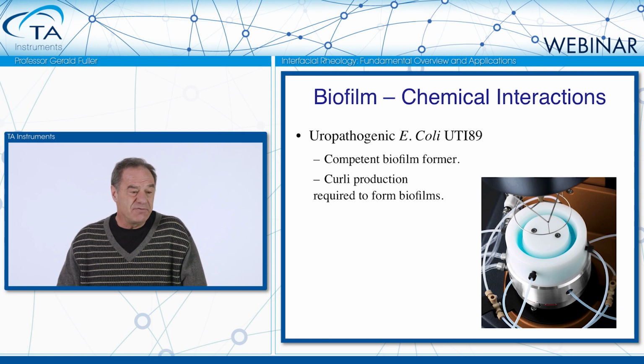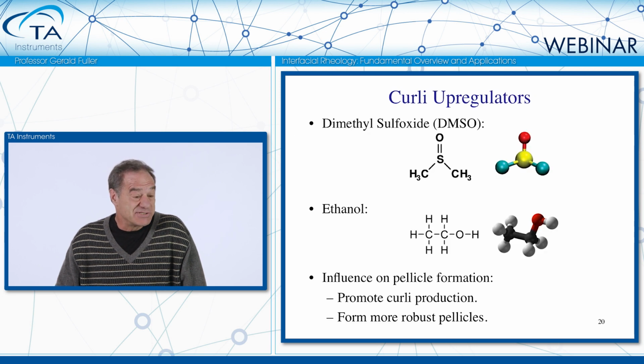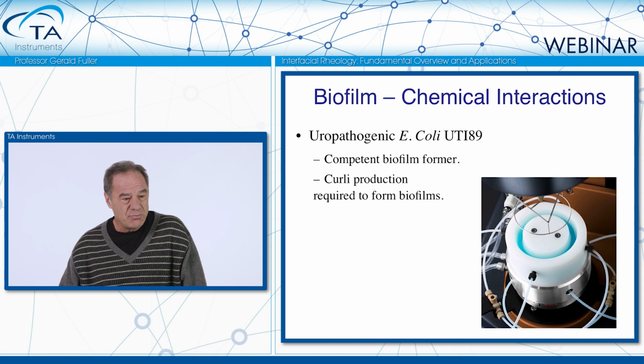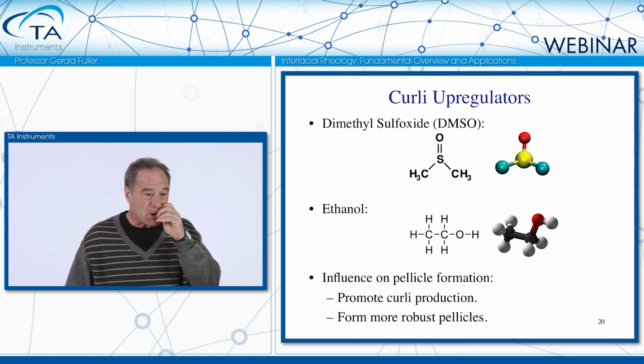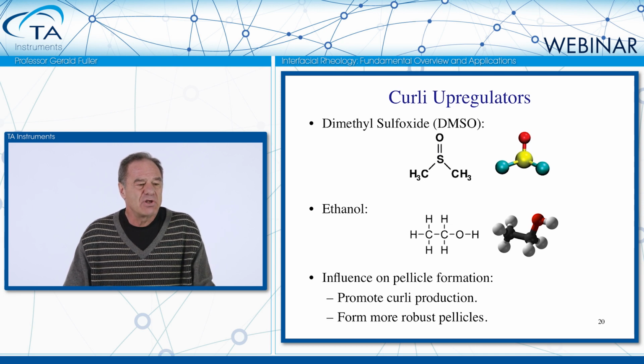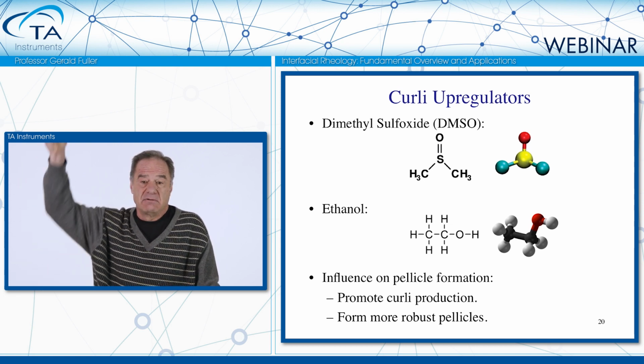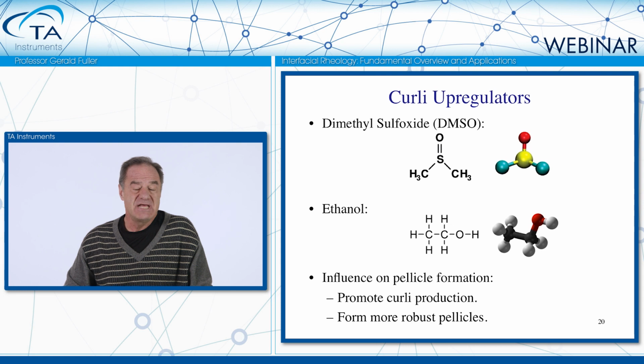We looked at a different bacteria, an E. coli. It's uropathogenic, so it'll make you sick. And we looked at several molecules that upregulate biofilm production. DMSO, it's often used in hospitals.